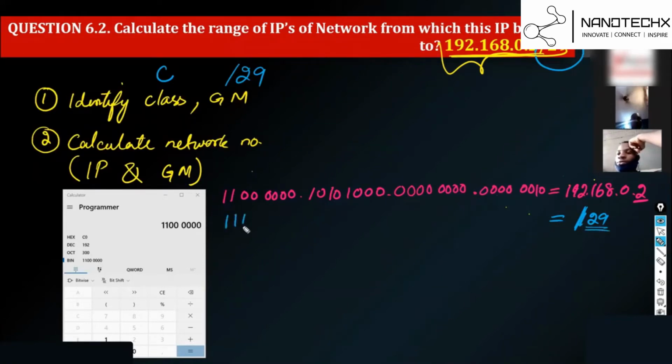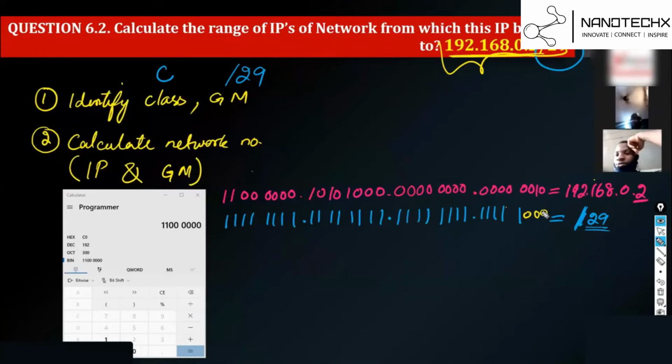So 1, 2, 3, 4, 5, 6, 7, 8 dot 9, 10, 11, 12, 13, 14, 15, 16 dot 17, 18, 19, 20, 21, 22, 23, 24, 25, 26, 27, 28, 29. Then the remaining is all 0. You got it? So /29 means 29 times 1.